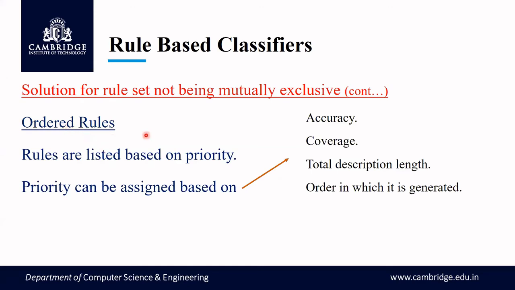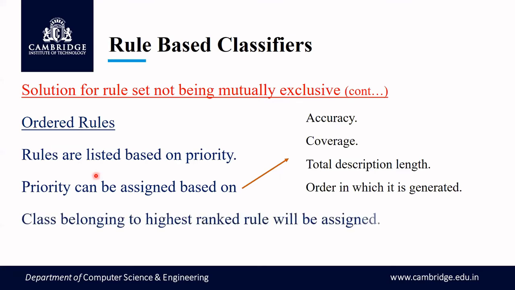Now, when your rule set is constructed based on this ordered rule technique, such a rule set is also called a decision list. Here, how will we assign the class? We will assign the class based on the highest ranked rule. When I say mutually exclusive, you have ambiguity, correct?